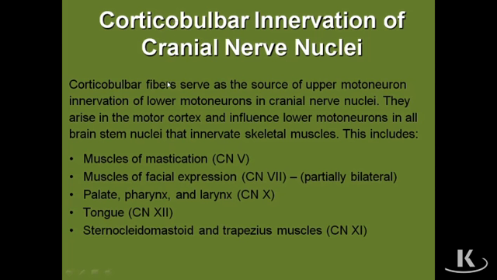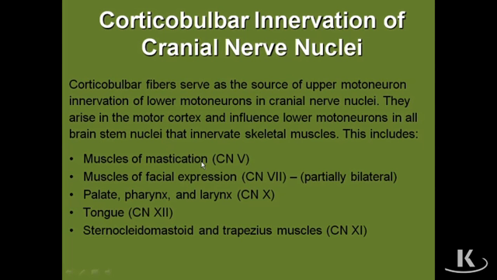And certainly their job is to serve the cranial nerves such as 5, 7, 9, 10, 11, and 12 that are innervating various populations of skeletal muscles. Muscles of mastication for 5, facial expression for 7, palate, pharynx, larynx for mainly 10, a little bit of 9, hypoglossal nerve for the tongue, and obviously the 2 muscles innervated by the spinal accessory nerve.